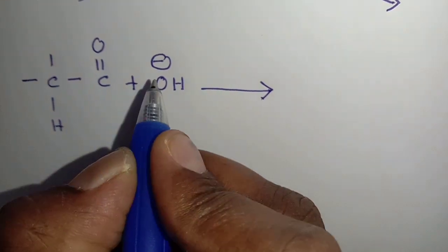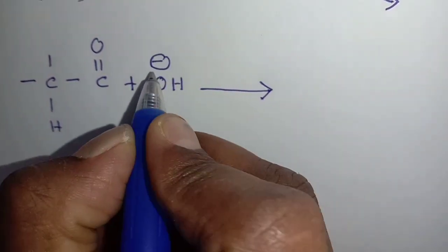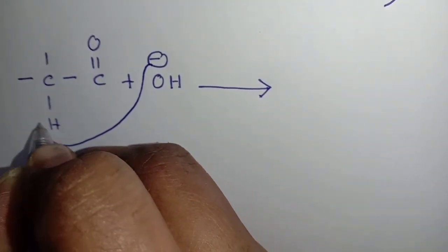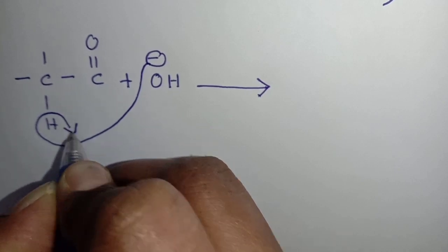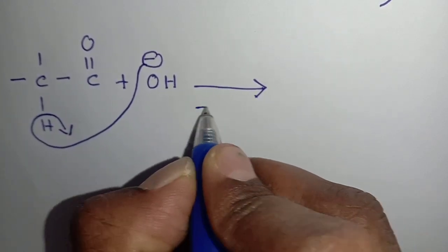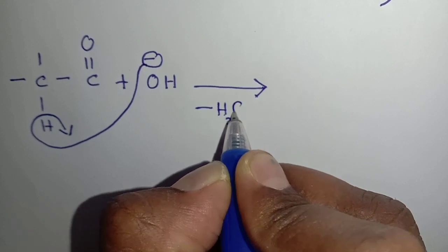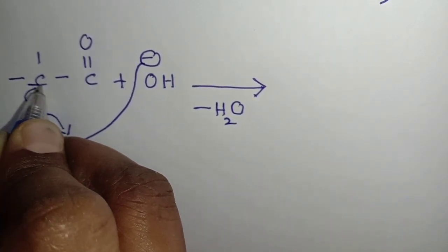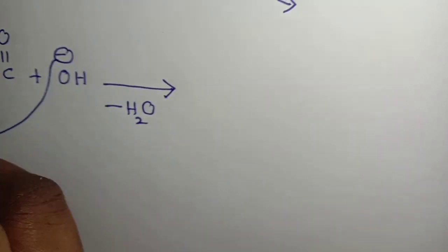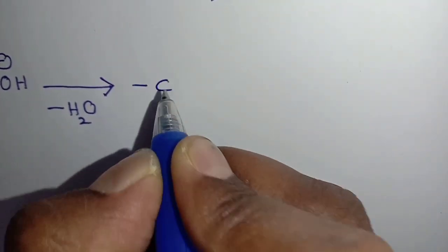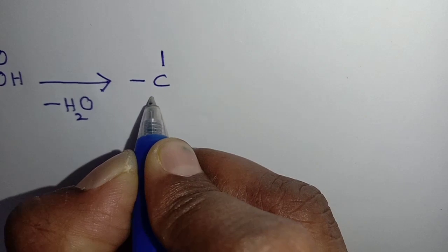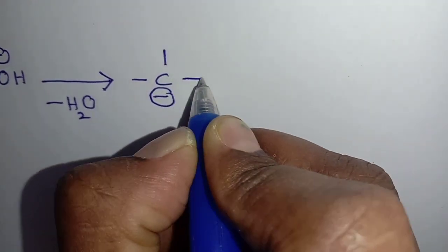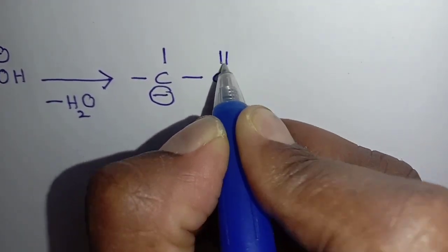This OH minus takes up this H as H plus. So H plus and OH minus come out as water, and these electrons move towards carbon. Thereby, C minus, C double bond O.